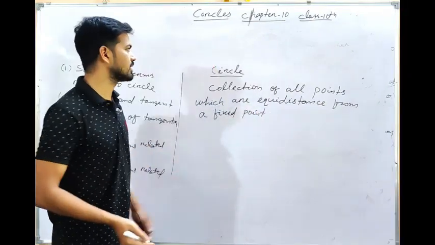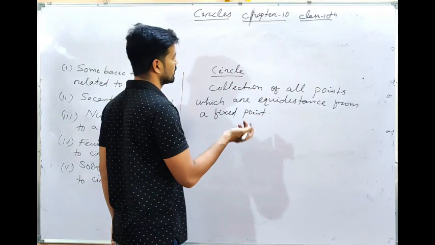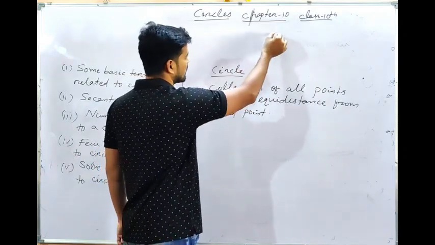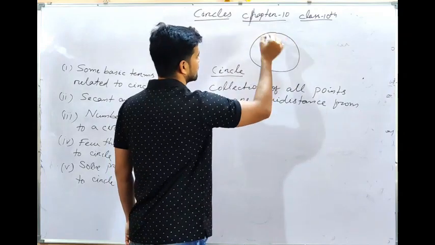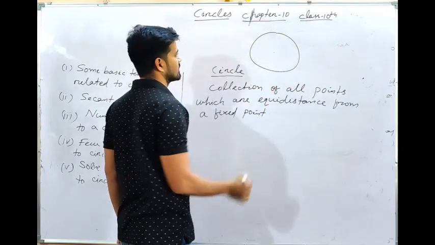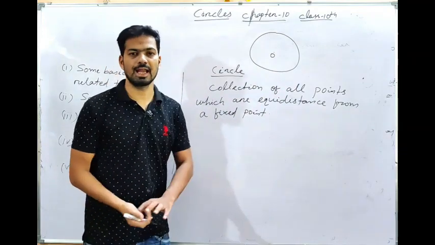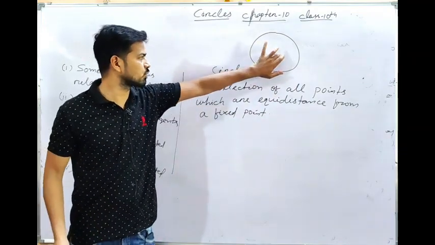Let me explain this, or let me give you the idea of a circle by drawing this figure. This is a circle. Why can we say this is a circle? Let O be the fixed point.